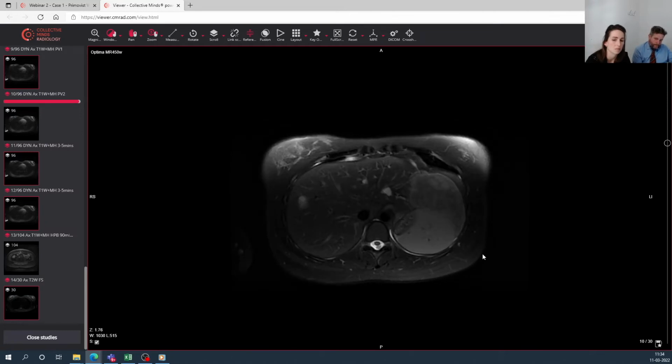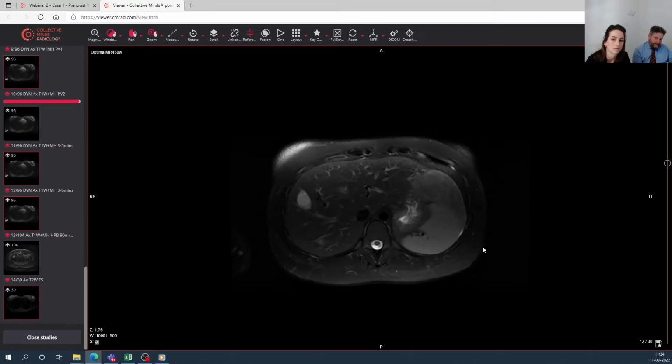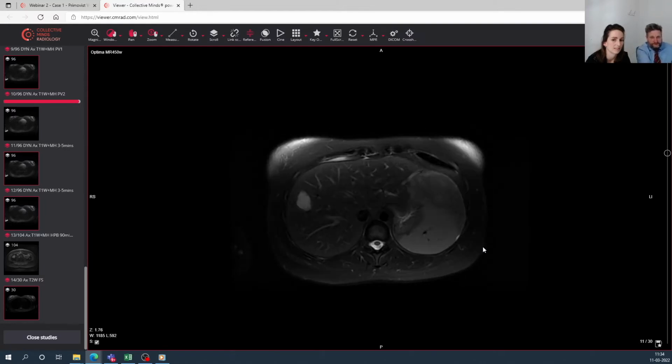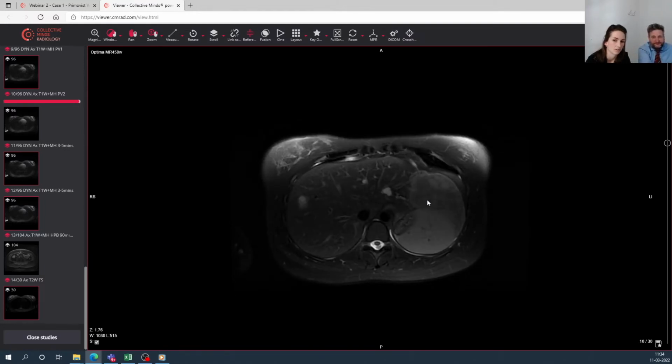I think it's a pattern. And what kind of pattern do you recognize here? Well, there are some hyperintense areas in the lesion, and there's a hyperintense band. Yes, and if you see a hyperintense band in a young woman, that's suggestive of adenoma.